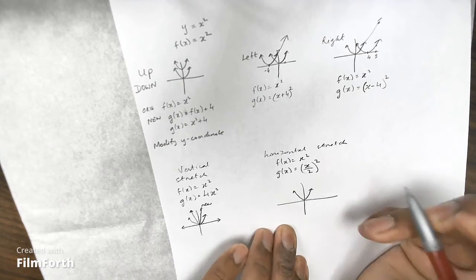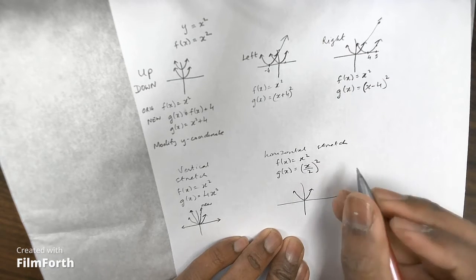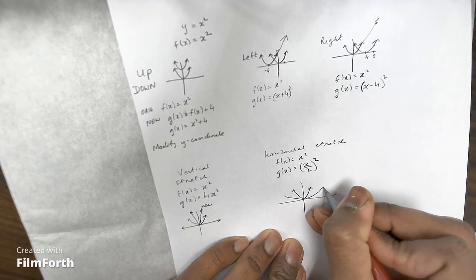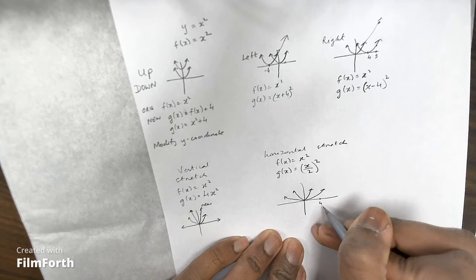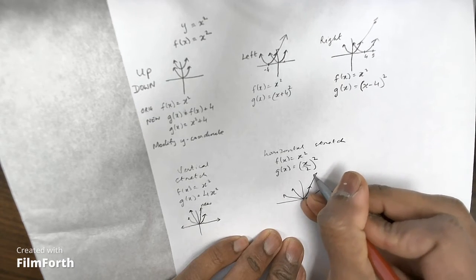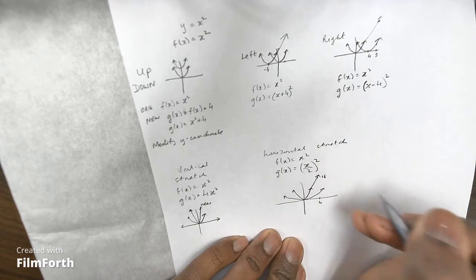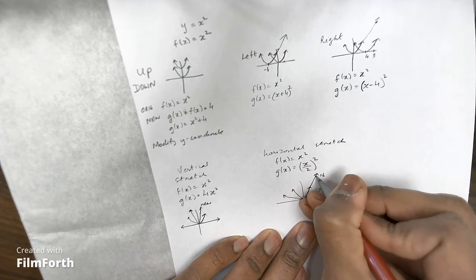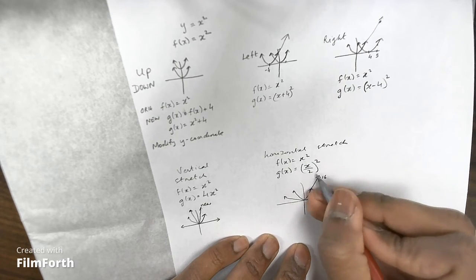What I'm saying is I'm purposely trying to compress the x. Suppose I have some number 4 here. Originally at 4 I was up there at 16, right? So that would be the output, 16. But now I'm purposely compressing the x value.